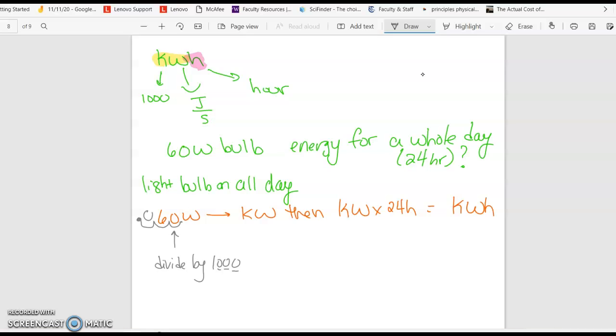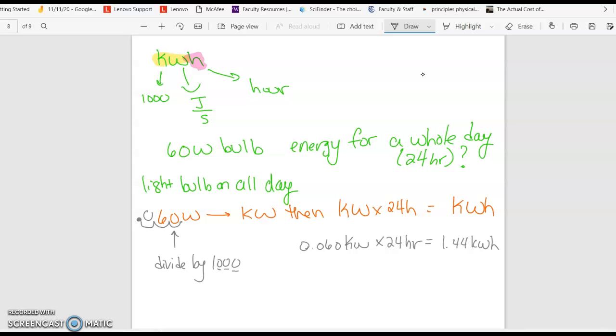So right now, I know that this is equal to 0.060 kilowatts. Now I want to know the time over 24 hours. If I multiply those two together, then I'm going to get 1.44 kilowatt hours.